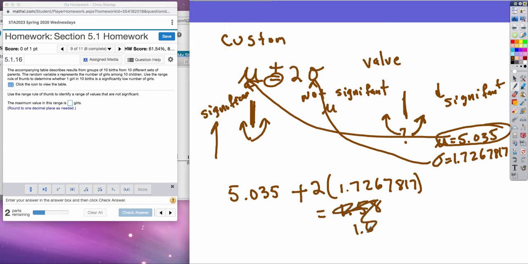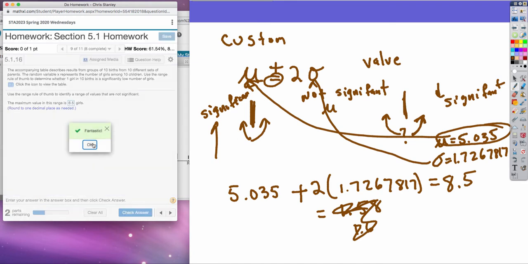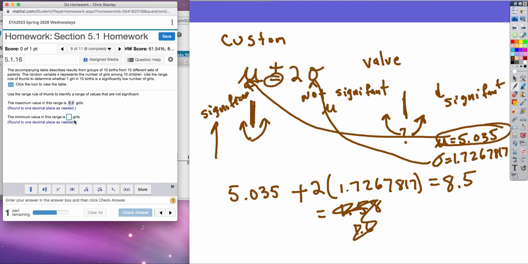It went to plus, not to minus. So when I did that one, I still have it on my calculator, 8.5. There we go. The minimum would be the other one I had, which is 1.6. Sorry about that, I just got it backwards.